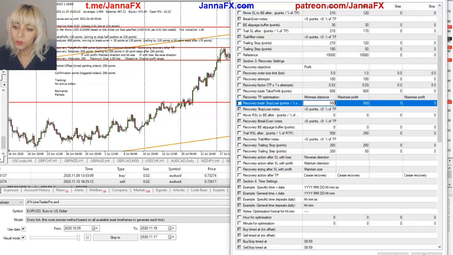So the bigger take profit and smaller stop loss, then the next lot size will be smaller. So that's why you need to really play with them and see all of those settings.